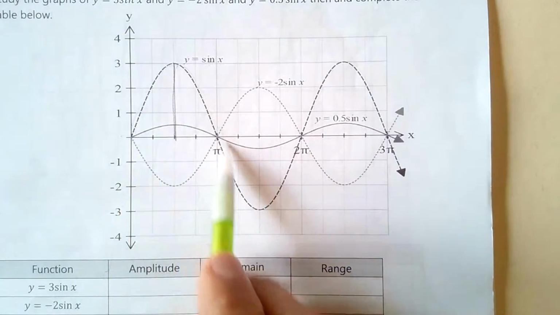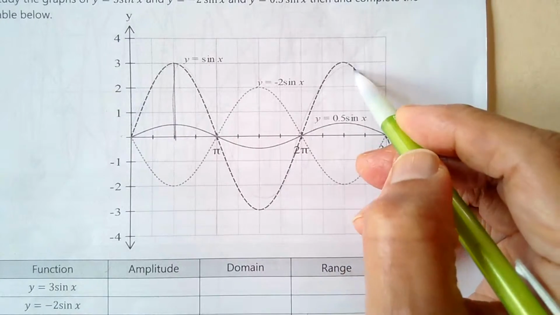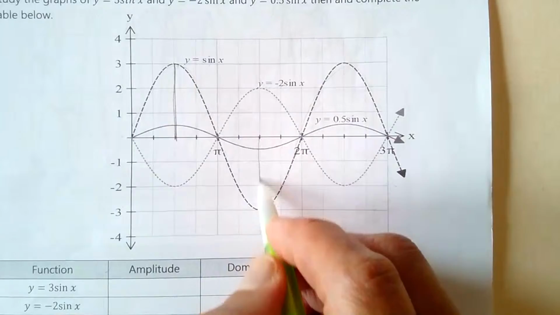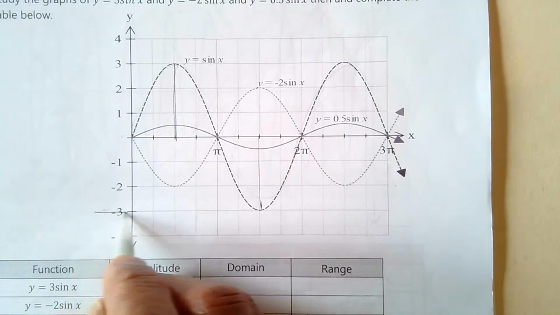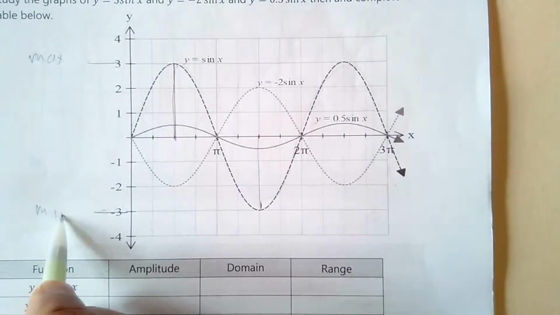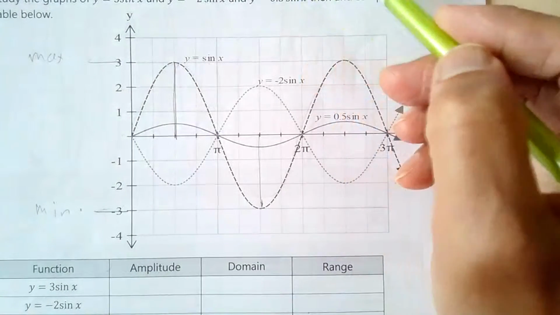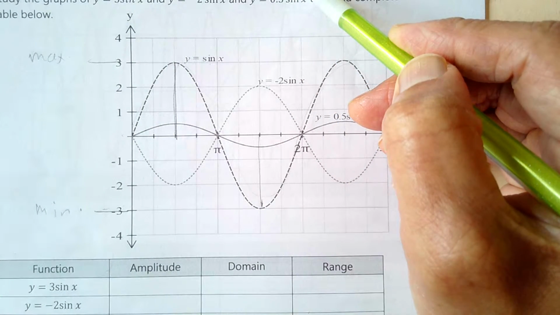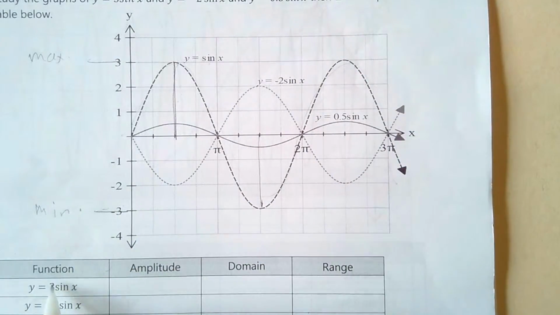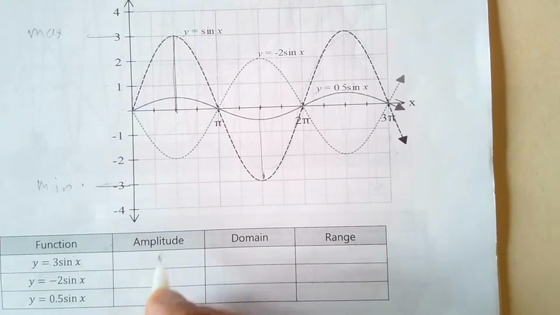So from your midline, from here to here, this is your maximum, which is 3, and your minimum is negative 3. So your maximum minus your minimum divided by 2 results in also 3. So y equals 3 sine x means the amplitude is 3.